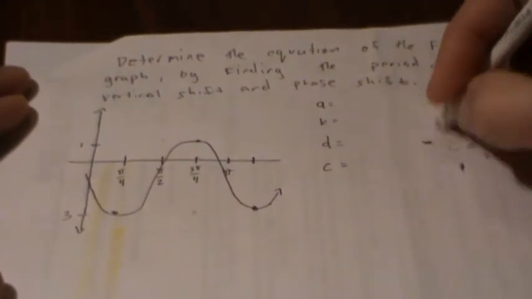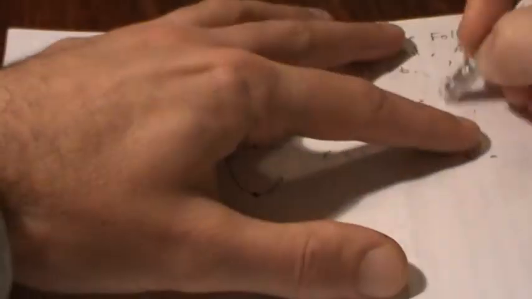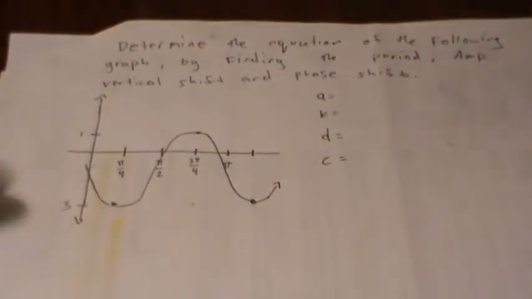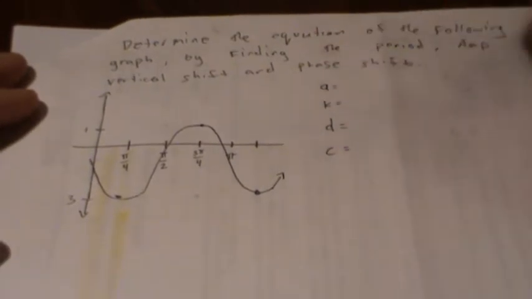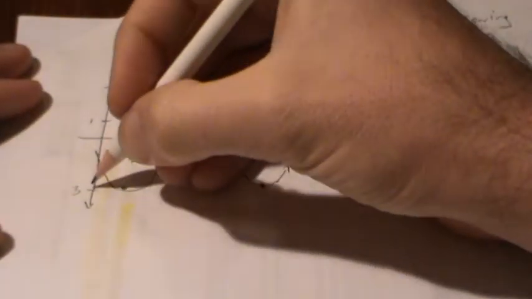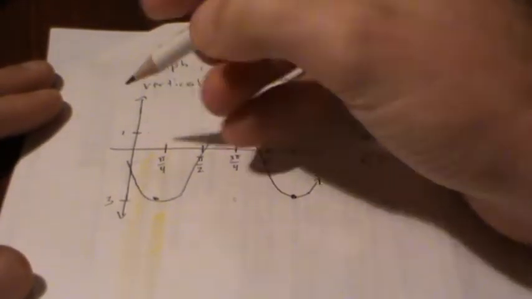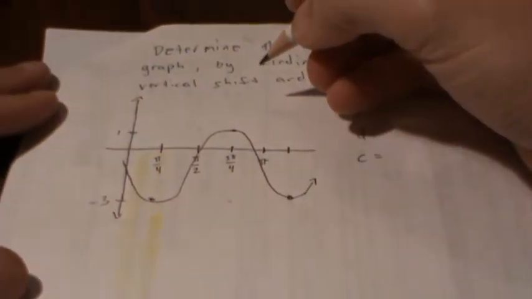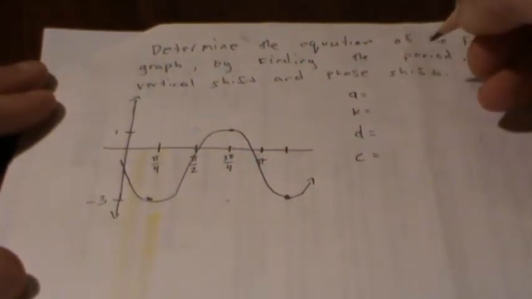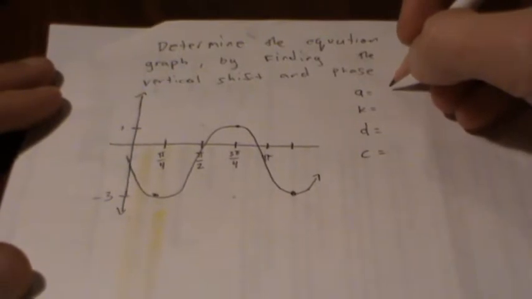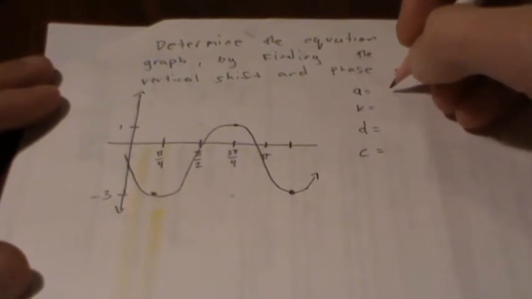All right, so the idea is we want to start out by filling in some of the basic information here. I can see that my amplitude is going to be... Remember that the amplitude can be found by doing maximum minus minimum divided by 2.